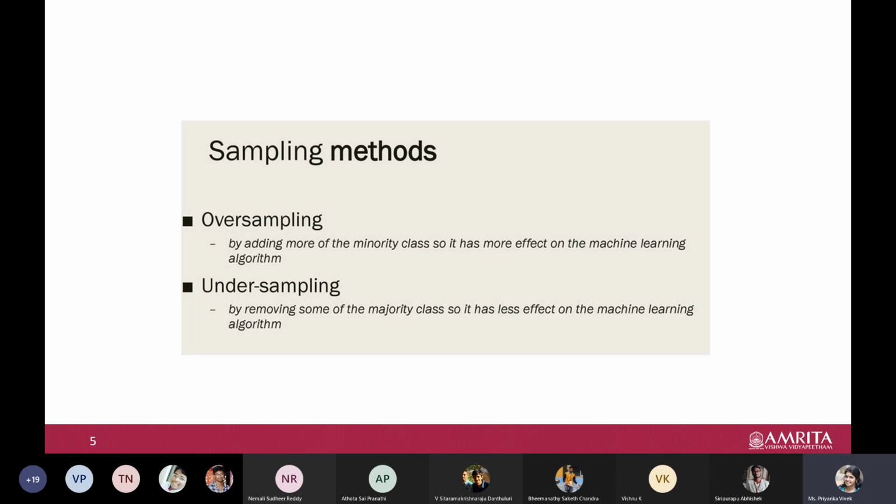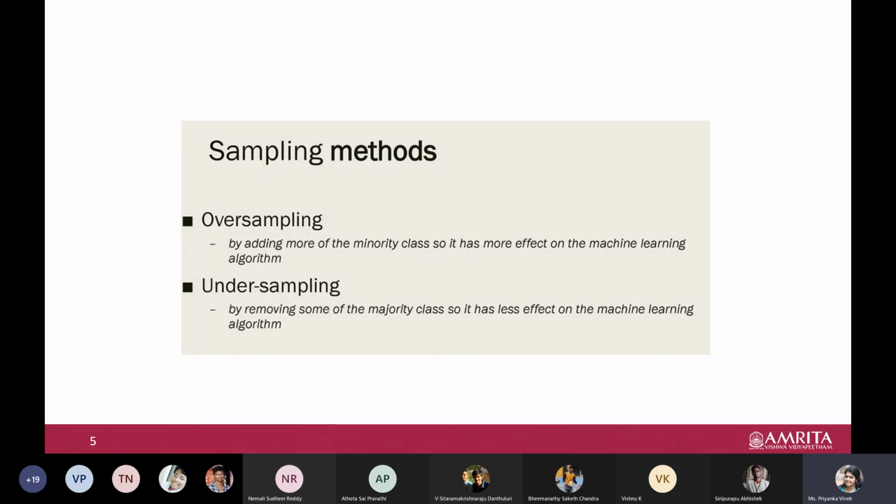So how do we overcome that? The basic approaches, and now we have a lot of advanced techniques for handling these, but the very basic initial approaches were sampling methods, either oversampling or undersampling.